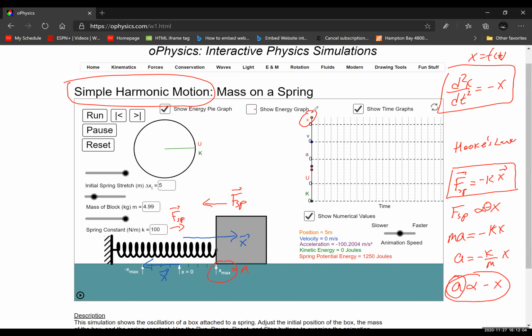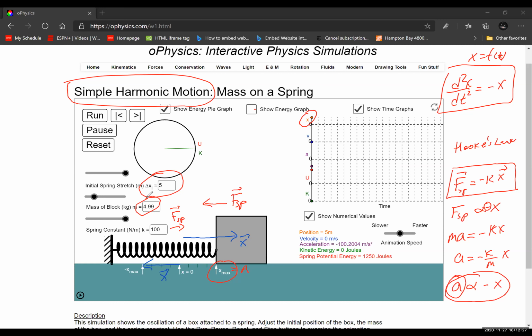So I'm going to start the simulation. The spring is now being stretched to position x equals plus a. We're going to take this x equals plus a to be 5 meters, the block here is 5 kilograms, and the spring constant is 100 newtons per meter.